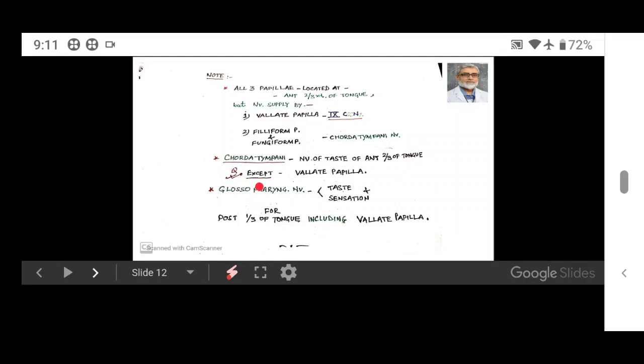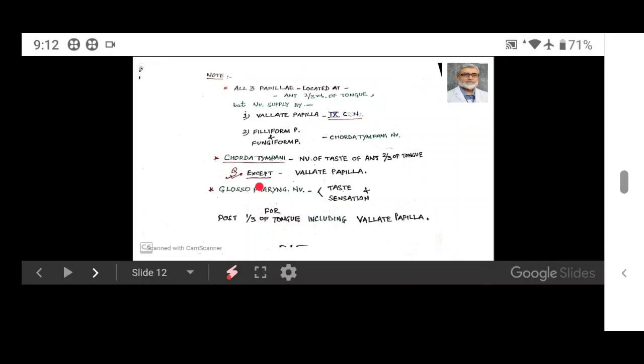Filiform papillae are numerous and thread-like with cornified apices over the palatine part, dorsum of the tongue, and also around the margin of the tongue. Regarding all three papillae located at the anterior third of the tongue, nerve supply is very important. It is frequently asked in the examinations.